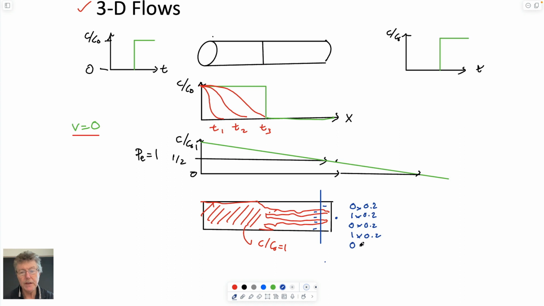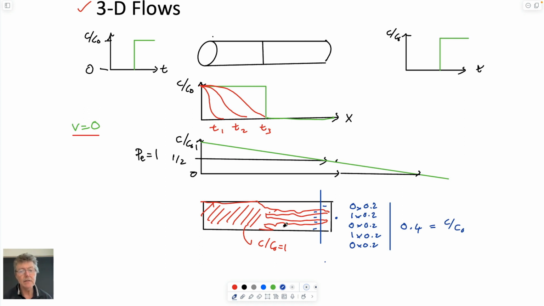Just a volume-weighted average. 1, 2, 3, 4, 5. And I guess on average for those, it would actually be 0.4.